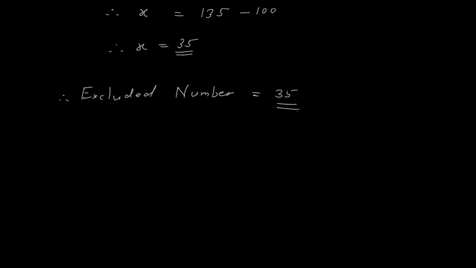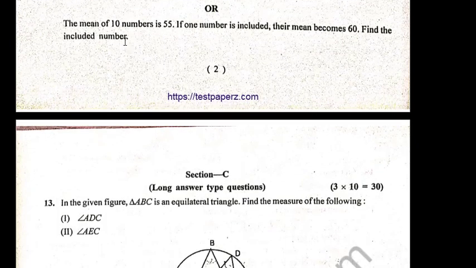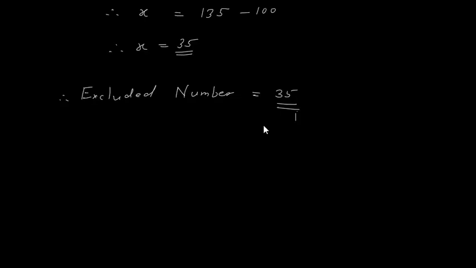Okay, now one more problem we see. The mean of 10 numbers is 55. If one number is included, their mean becomes 60. Find the included number. In the next problem I will solve this a little differently using symbols.